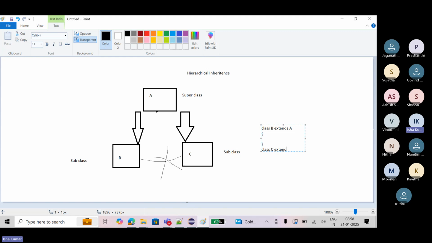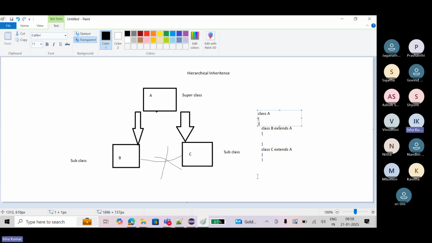They are the independent children of A. They are not belonging to the same family. Understood? And this is your class A. So class B extends A directly, class C extends A directly, but there is no relationship between B and C.